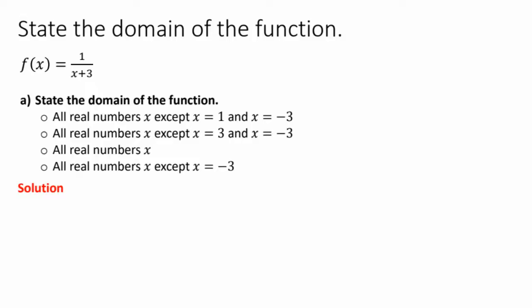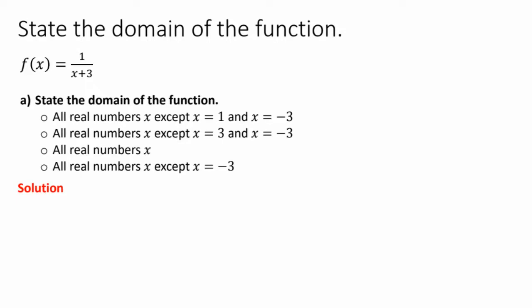When we're looking at a rational function, what's going to restrict or limit our x values is the denominator of the function. And we never want the denominator of a function to be equal to 0. So we ask ourselves, is there a value that we can put for x that's going to make that value 0?